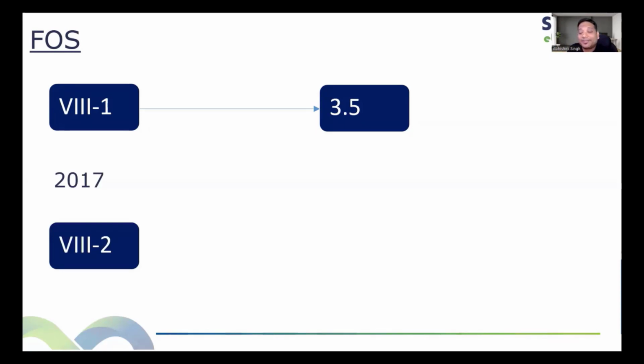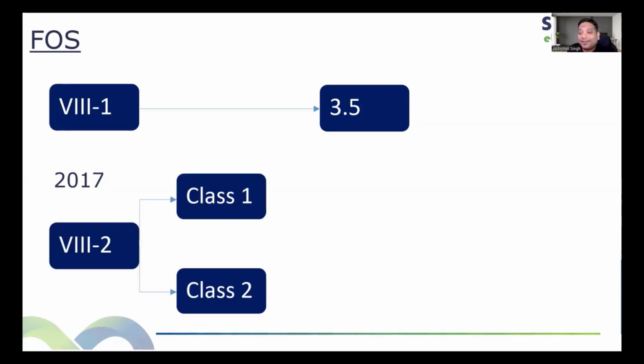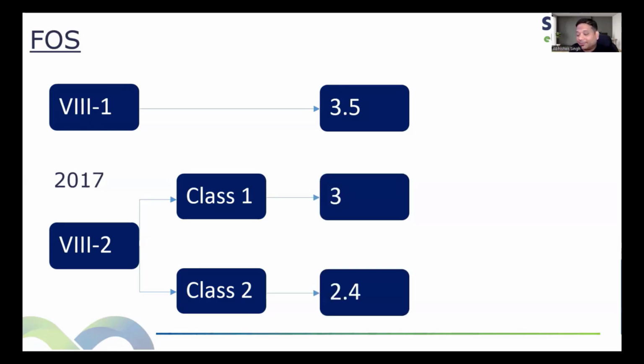Division 2, like we said, has two classes, Class 1 and Class 2. For Class 1, what is my factor of safety? 3. What is the factor of safety for Class 2? 2.4. Great. So now the interesting part starts.